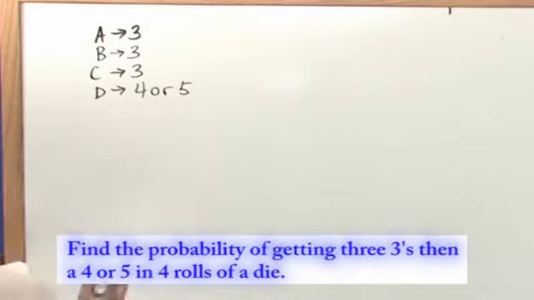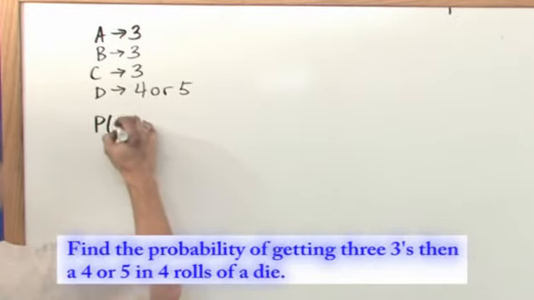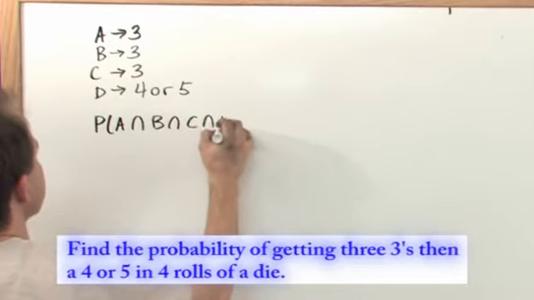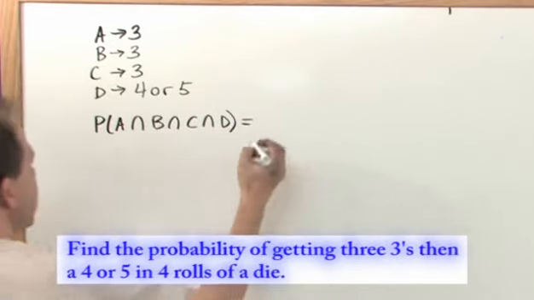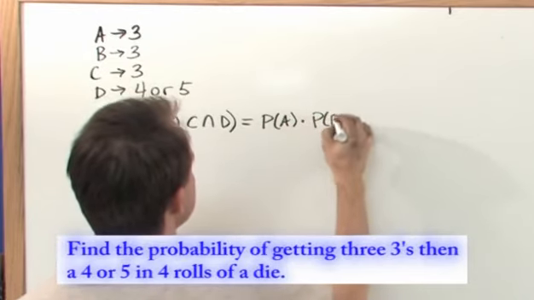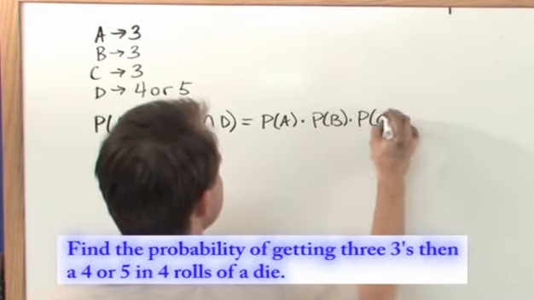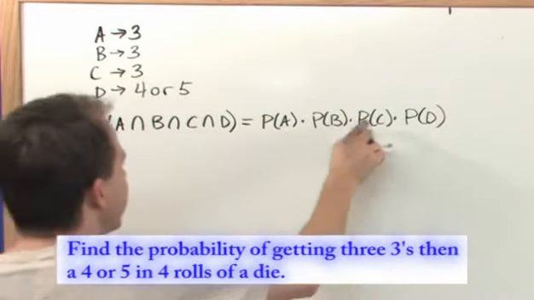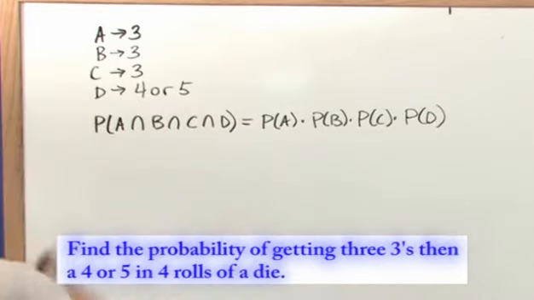So the probability of A and B and C and D is just going to be equal to the probability of A times probability of B times probability of C times probability of D. And there's no bars in here because there's no dependence on anything else happening before.